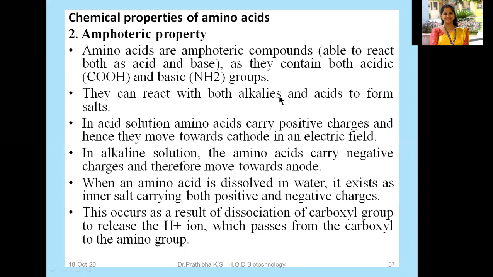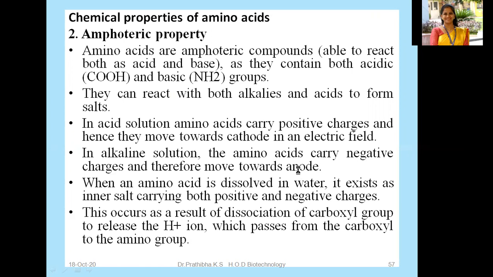They can react with both alkalis and acids to form salts. In acid solution, amino acids carry positive charges and hence move towards the cathode in an electric field. In alkali solution, the amino acids carry negative charges and therefore move towards the anode, right?